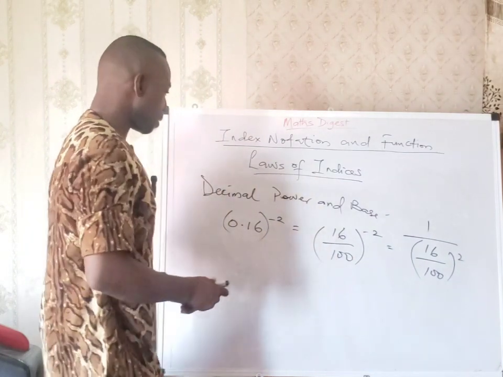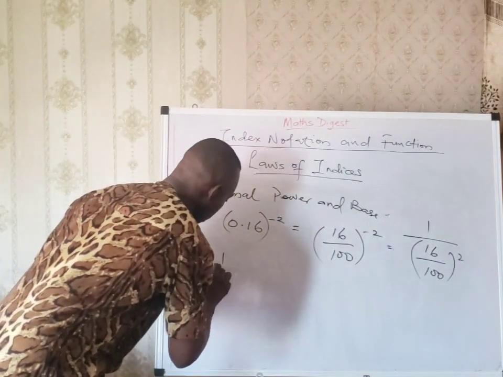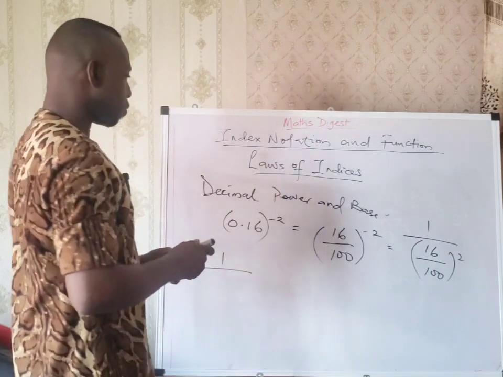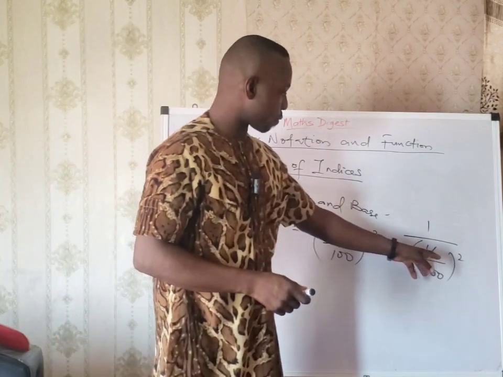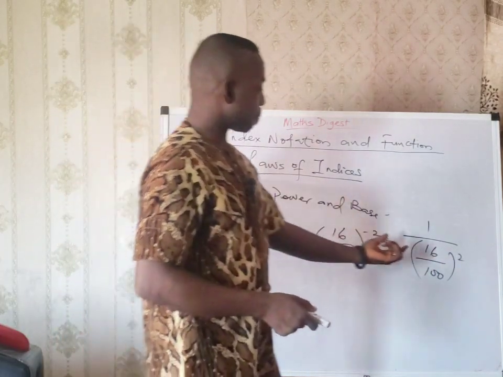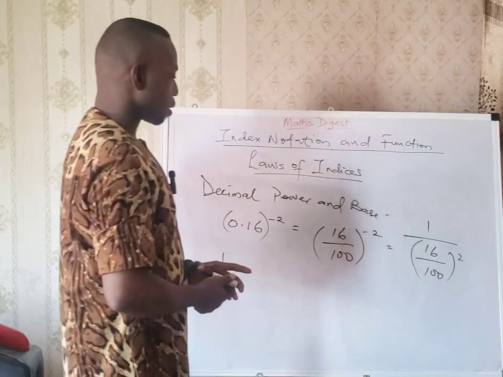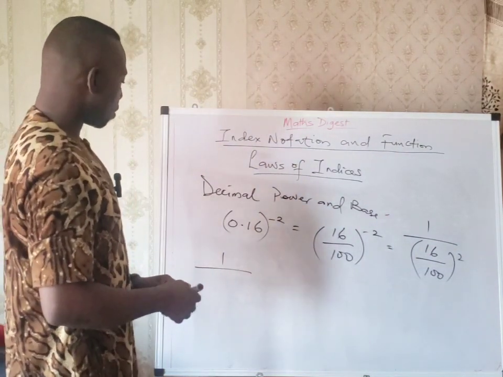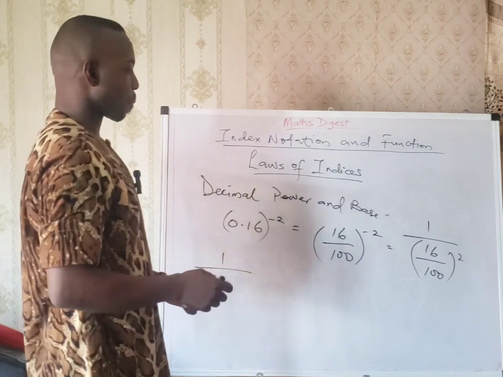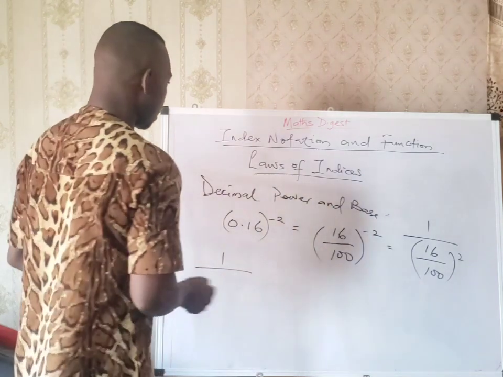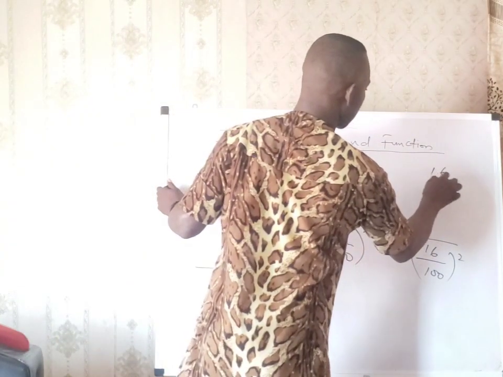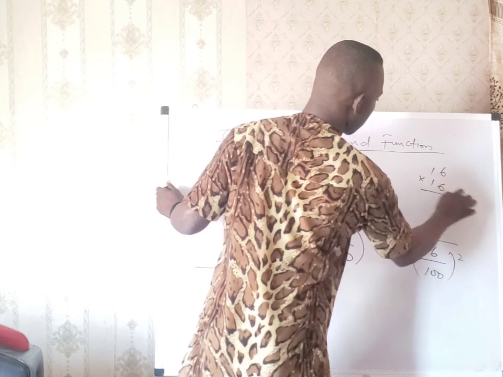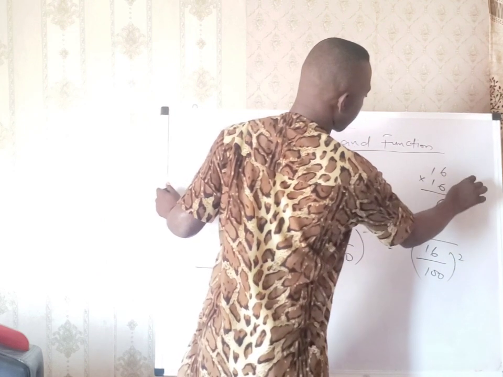Now from here you can say 1 over the square of 16. The square of 16 will give us 16 times 16. This is 36, we have 6 carry 3.